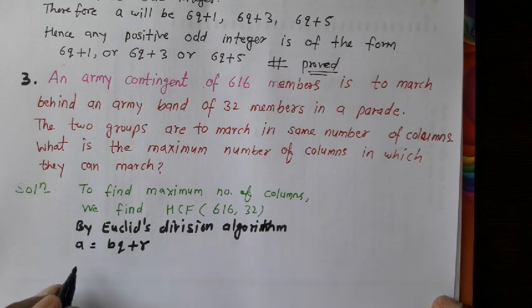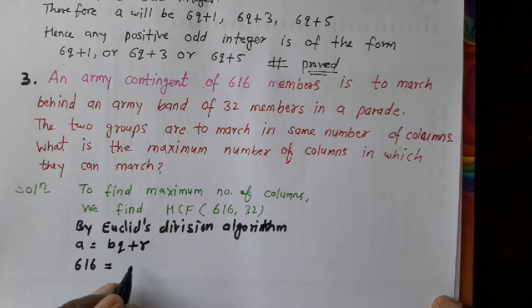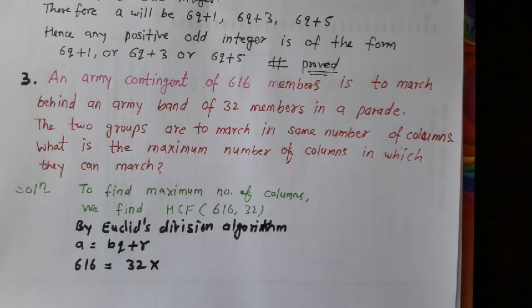Now a means 616 equal to b, 32, into the quotient.